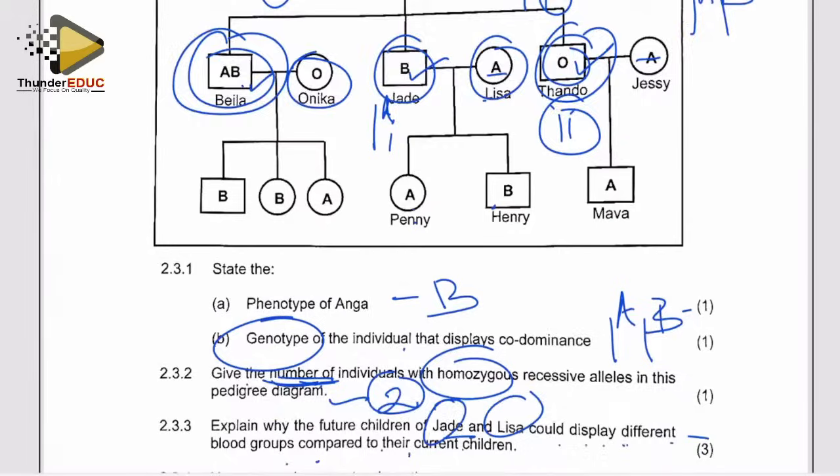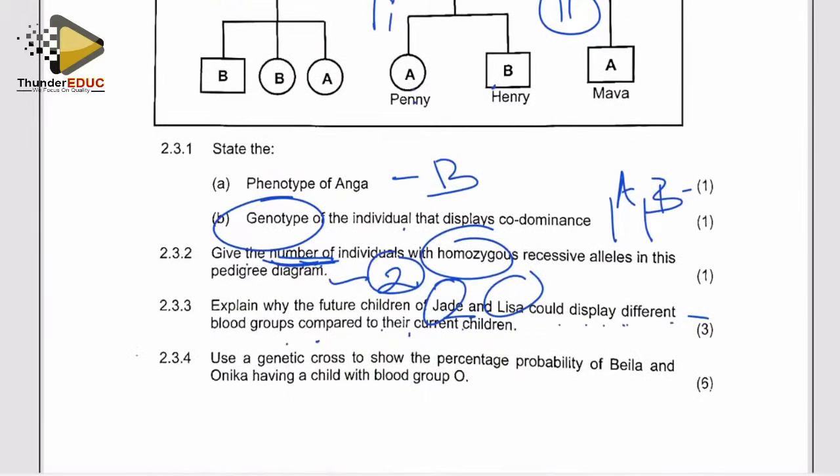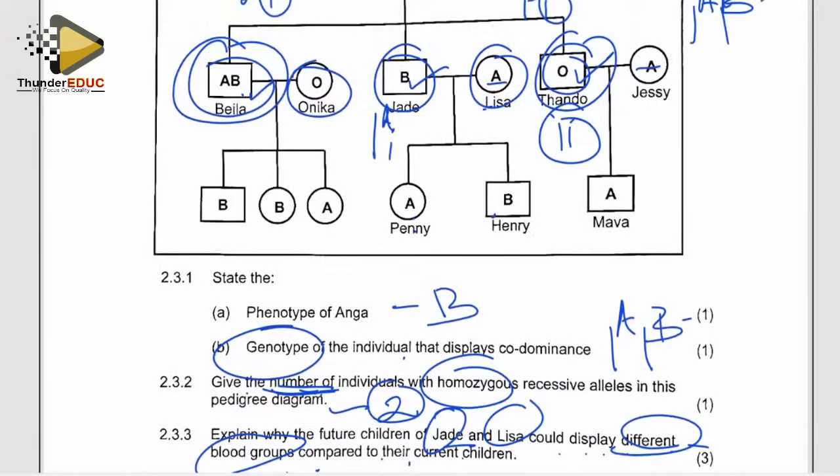And to produce a different blood group, then automatically even A must be heterozygous. Oh, this is B, ne? JD is B. And then so that their children could be, when this small letter and small letter combine, they're able to produce blood group O, meaning that JD will pass a recessive allele to the offspring, the same way Lisa is going to pass the recessive allele to offspring to produce blood group O.